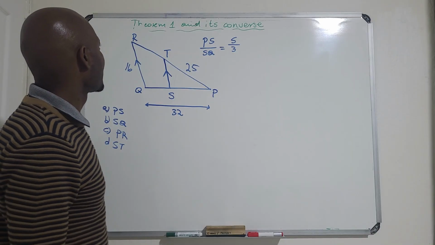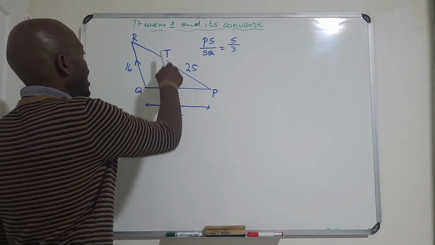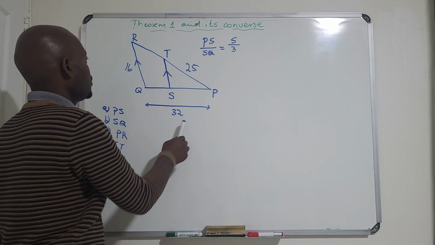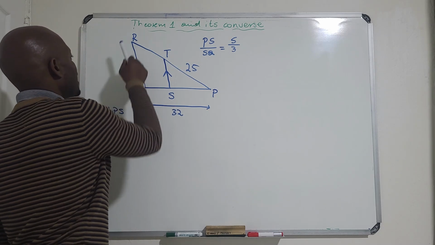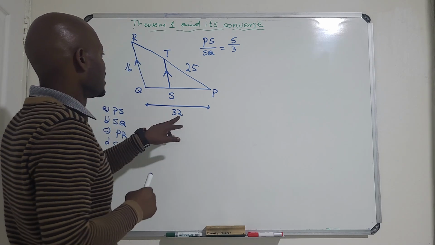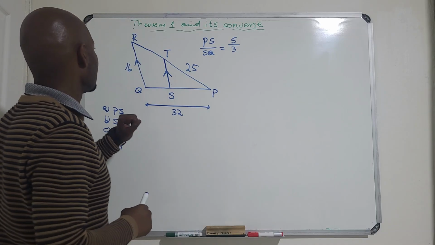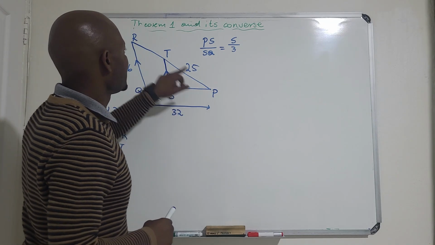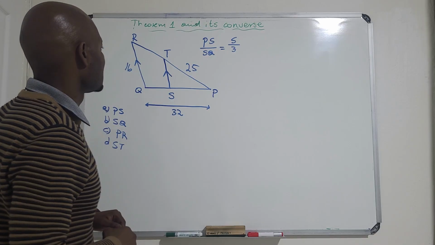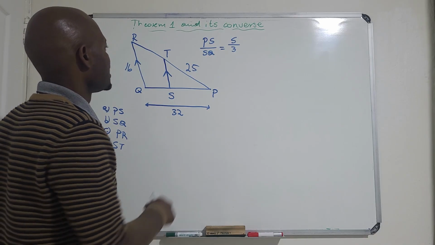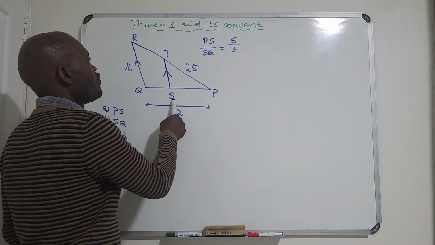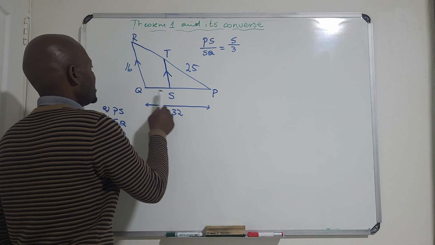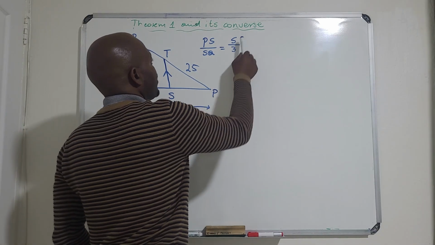Here, in triangle PQR, ST is parallel to QR. PQ is 32 centimeters, QR is 16 centimeters, PT is 25 centimeters, and we are also given that PS over SQ is equal to 5 over 3.